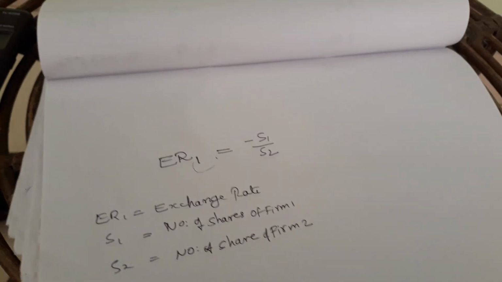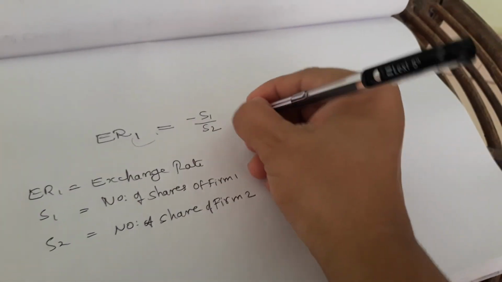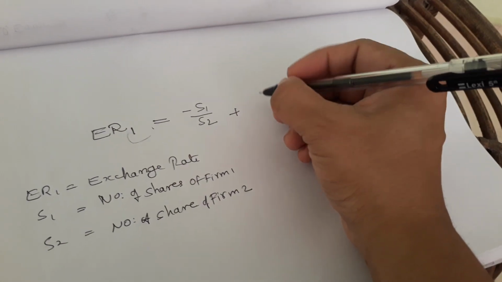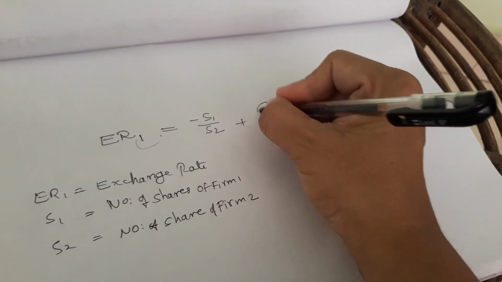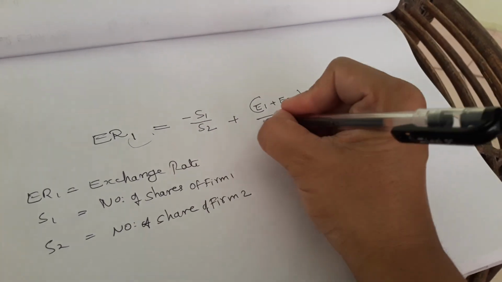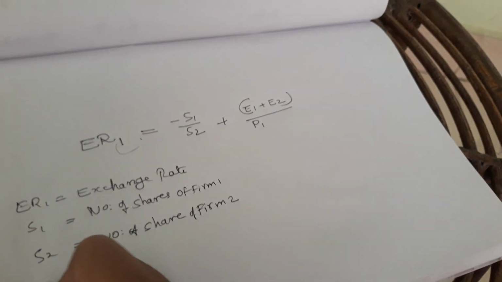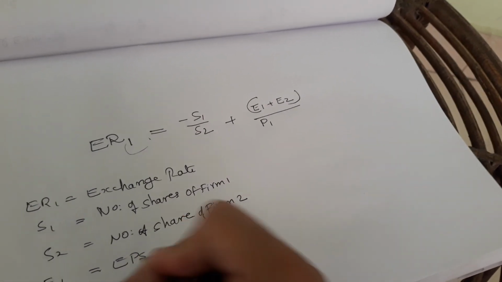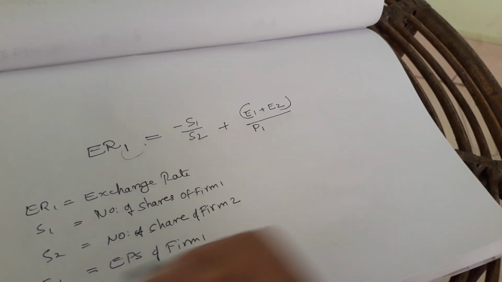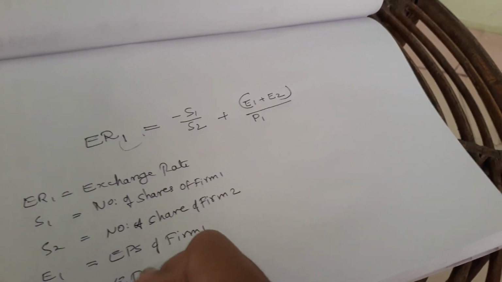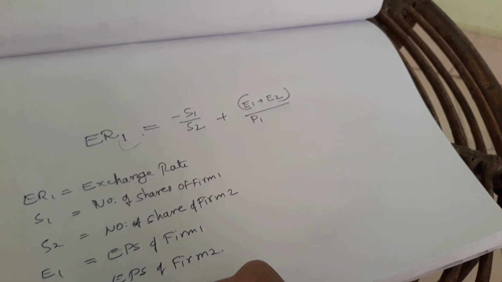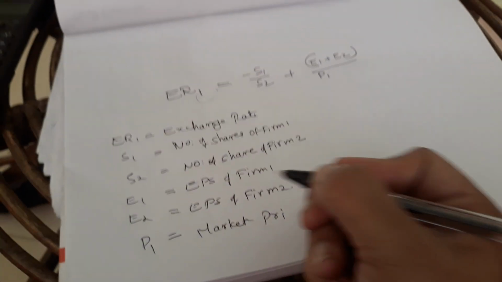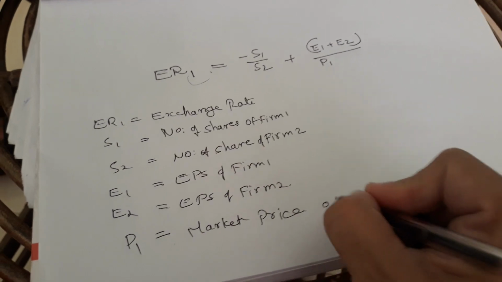Okay, so minus S1 plus S2 plus, we will add the earnings of both the firms divided by market price. E1 is equal to EPS of firm 1 and E2 is equal to EPS of firm 2. And what is P1? P1 is the market price of firm 1.